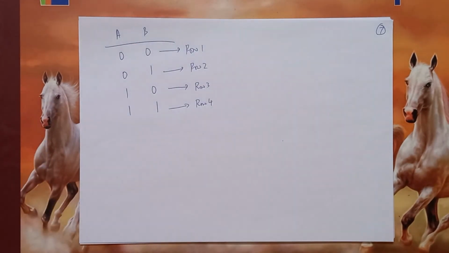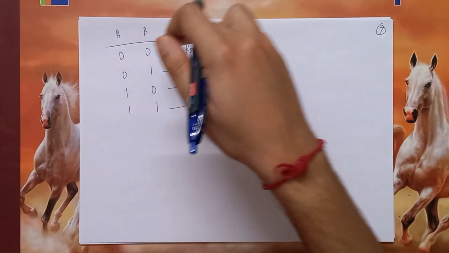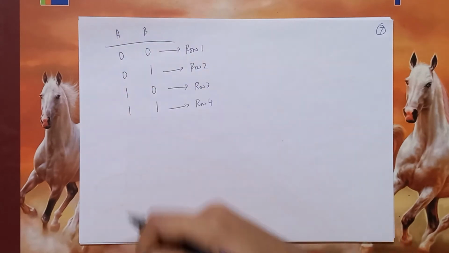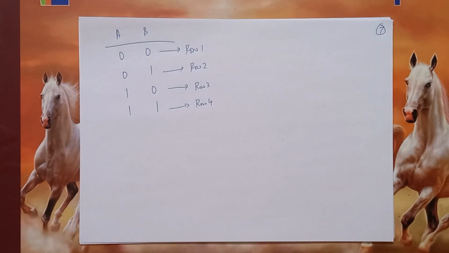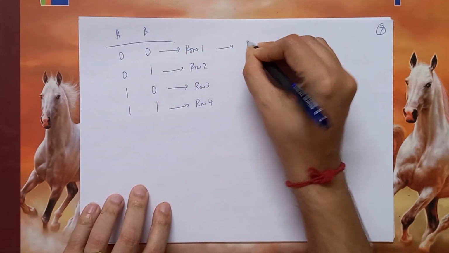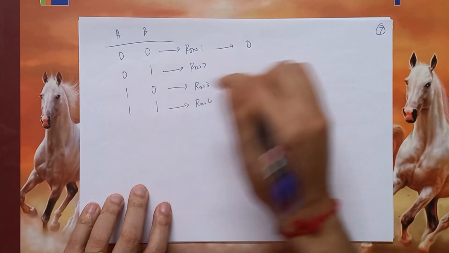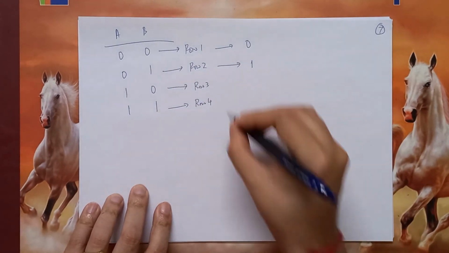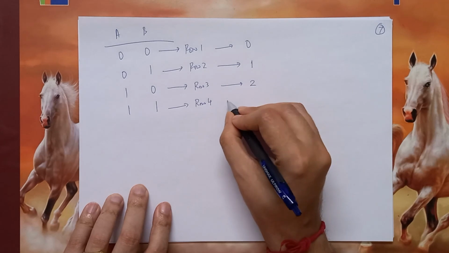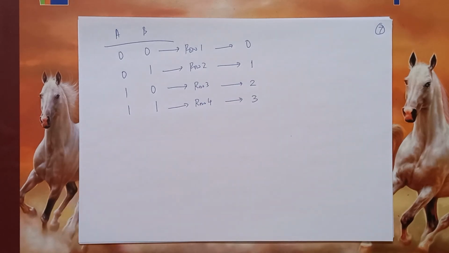If I treat each row as a 2-digit binary number, then what I will see is that essentially these are conveying to me the numbers in order. This 0, 0 is actually the number 0. This 0, 1 is actually the number 1. 1, 0 is actually the number 2. And 1, 1 is actually the number 3.